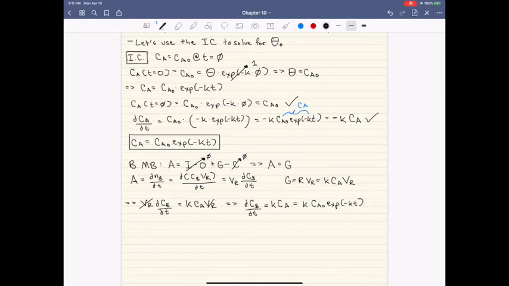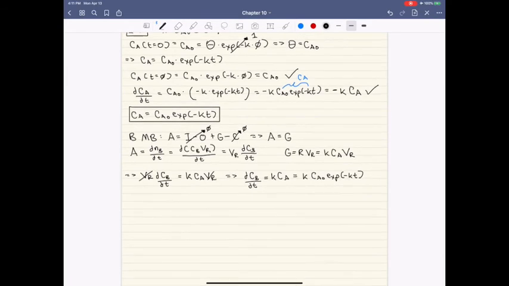So pause the video here and think about how we're going to solve the differential equation we have now. Our dCb/dt equation can be solved because it is still separable. So we could use the same techniques that we've been using thus far. So to solve for Cb, we should describe its differential equation to be separable so that it's a product of some function that's a variable of Cb and some function that's a variable of time.